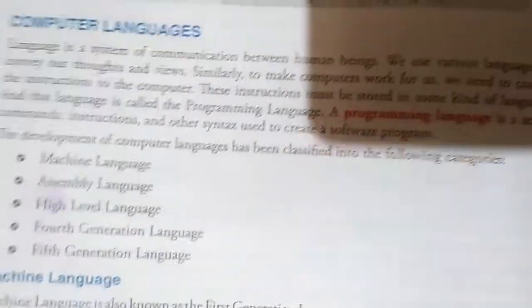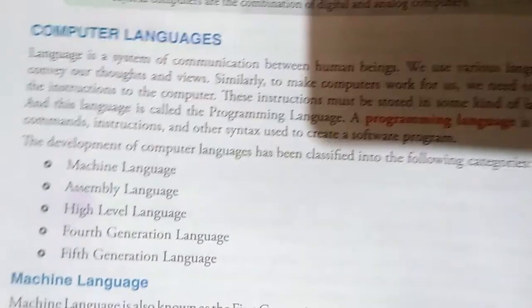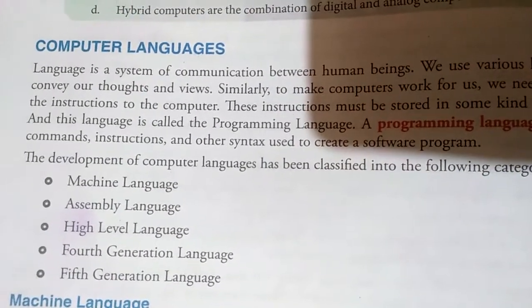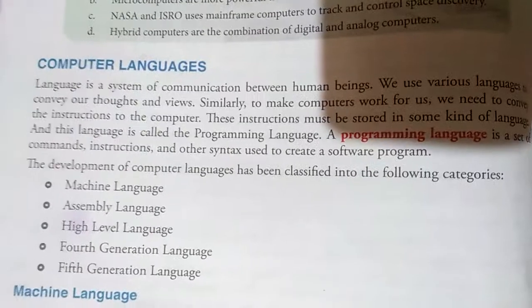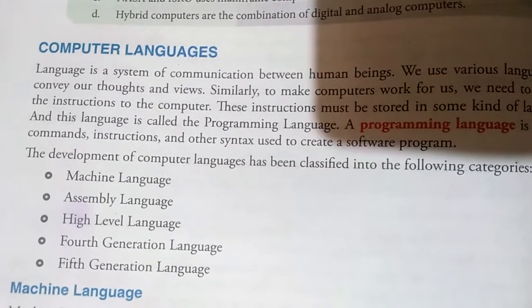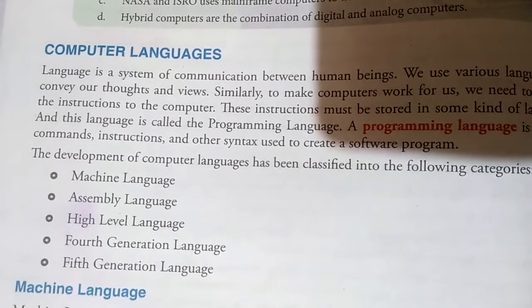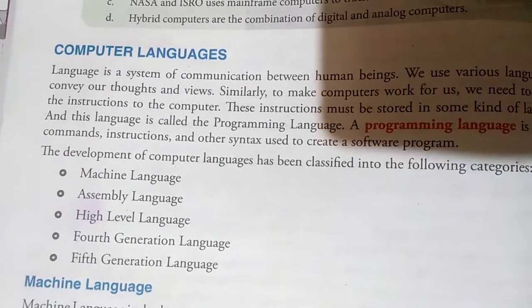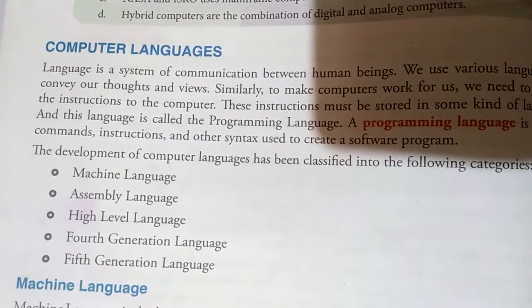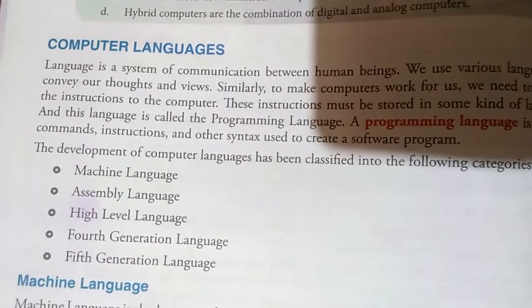Language is a system of communication. It's a type of communication system between human beings and the system. There are various languages to convey our thoughts and views, similarly to make the computer work for us. Why have we made this? Because after making this we can talk to the computer to do work.